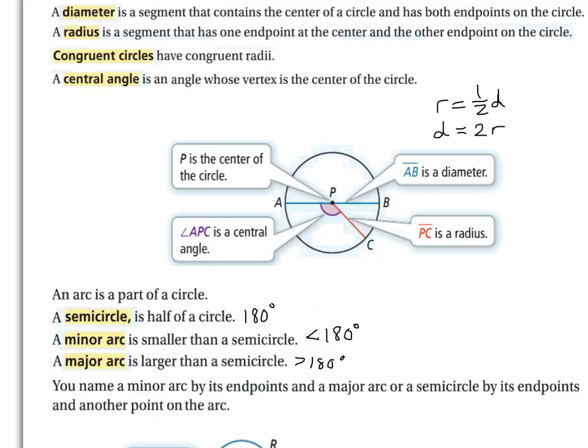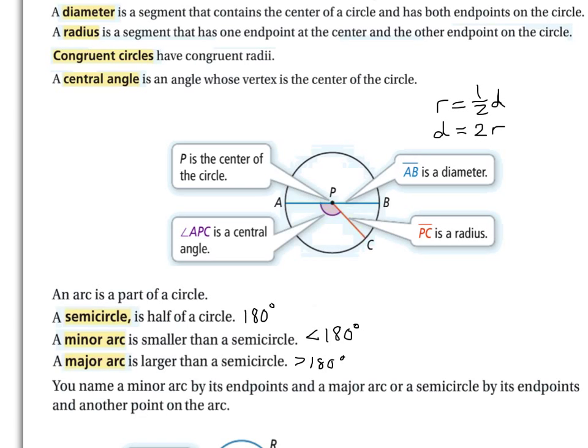So for example here, arc ABC is a major arc because it's more than 180 degrees. Arc BC is less than half the circle, so that's a minor arc. You name a minor arc by its endpoints, and a major arc or semicircle by its endpoints and another point on the arc.